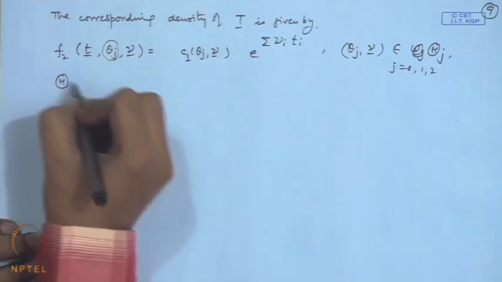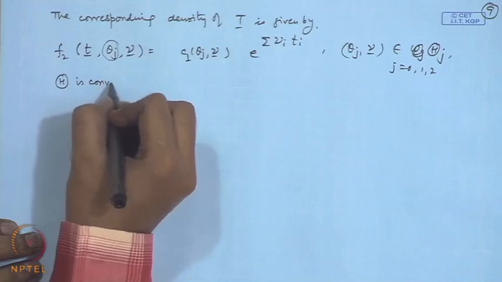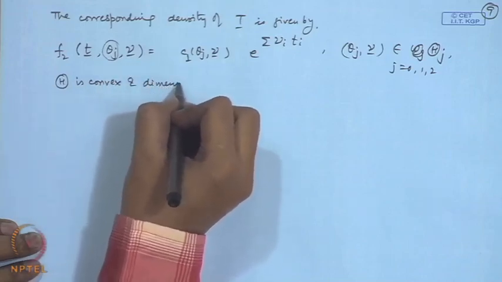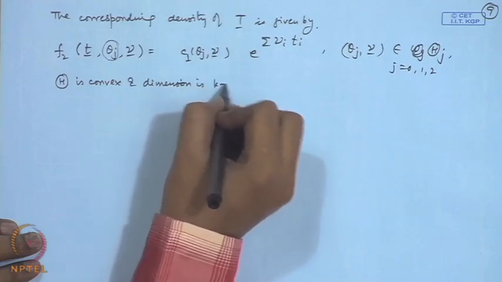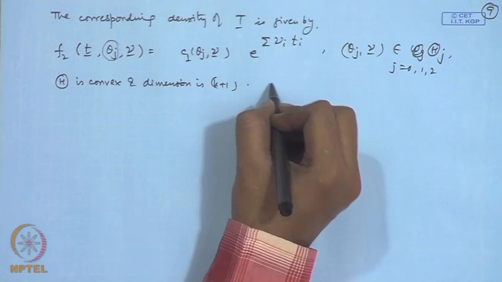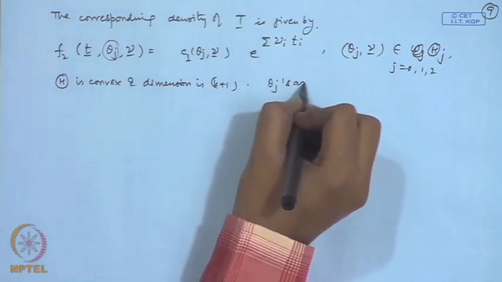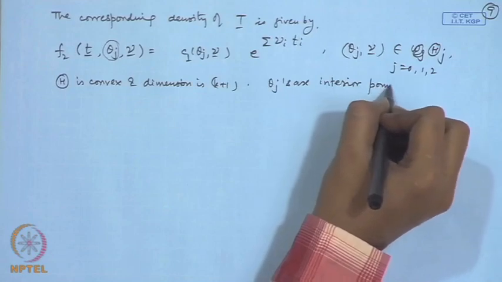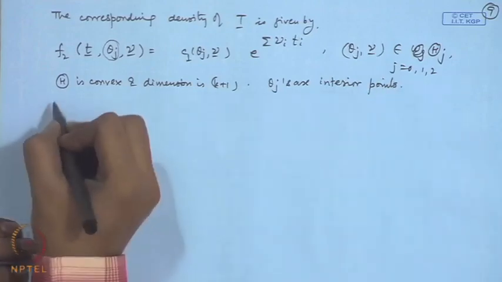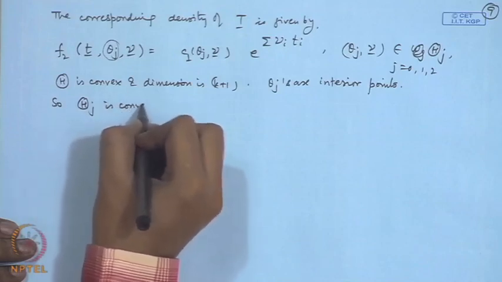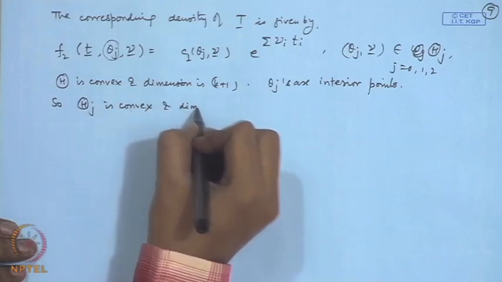Now, we have assumed the parameter space is convex, and the dimension is k plus 1, and we have assumed that the theta_j's are interior points. So, this omega theta_j is convex and the dimension is k.